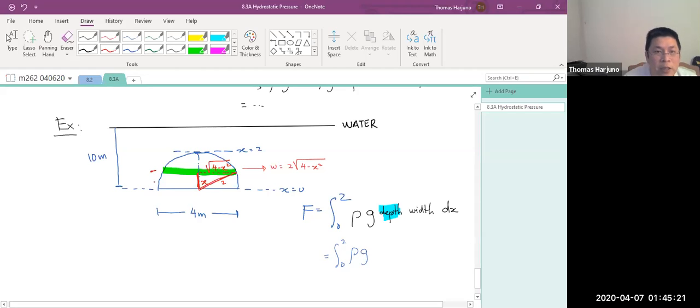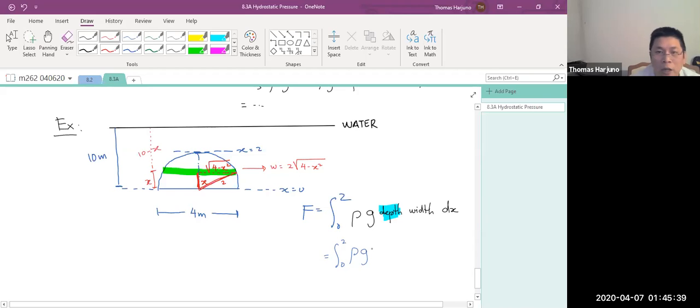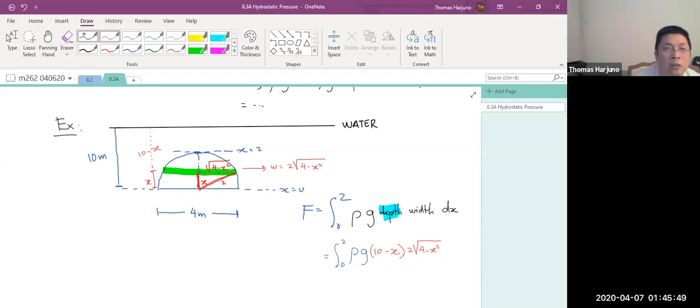If this is x, then the depth will be this part, which is 10 minus x. That's right. And the width was 2 square root of 4 minus x squared, dx.